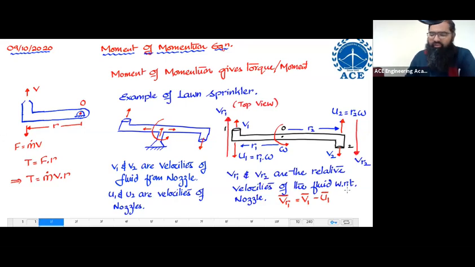Whenever you have both in the opposite direction, this U1 itself is negative, so they will both add up. So VR1 has to be equal to V1 minus, and since this itself is negative, therefore minus U1. What will it eventually become? One second, let me create some space over here.